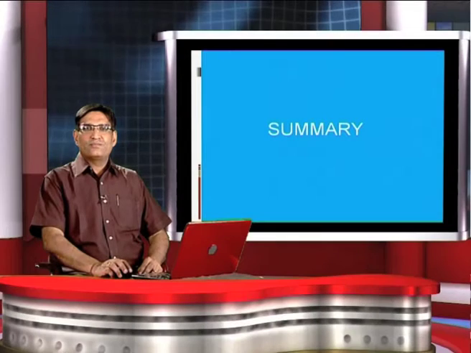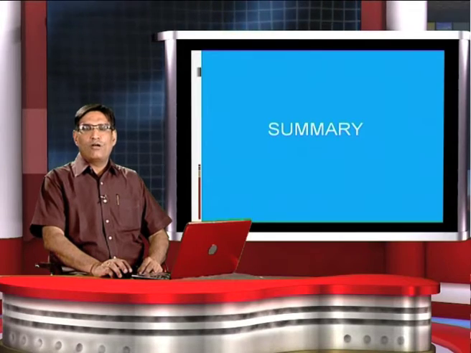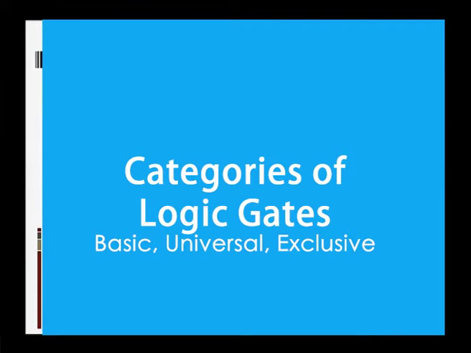In this lecture, we have studied logic, the definition of logic, then the fundamental logic, that is AND, OR, and NOT. Then we understood how logic can be converted into electronic circuits called gates. Then we classified the gates into three categories: the basic gates, the universal gates, and the exclusive gates.